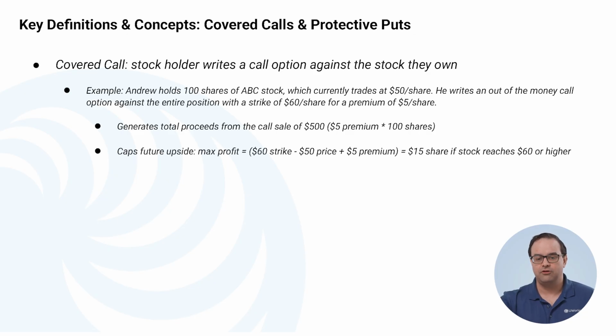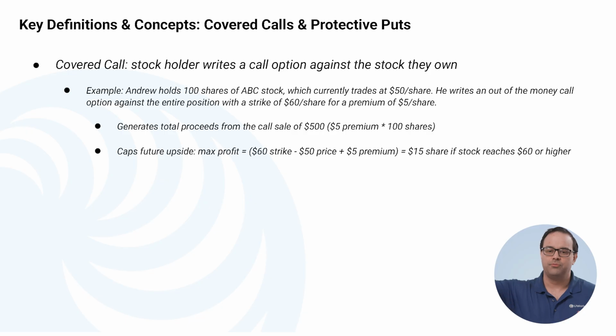However, the future upside is also capped, and it's capped at $15 a share if the stock reaches $60 or higher. It's the strike on the call, which is $60, less $50, which is the current price of the stock, plus the $5 premium.